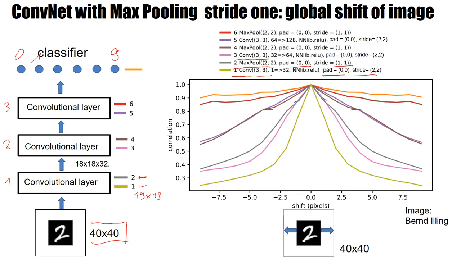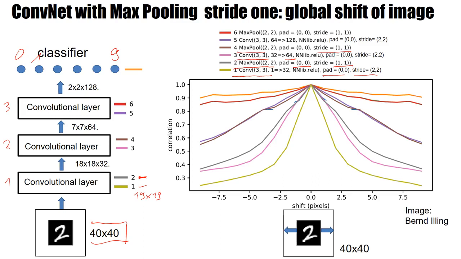We go up at the same time to 64 filters, and then we do MaxPooling 2 by 2 with stride 1, and the result of this is that the output here would be 7 times 7 times 64, and then we continue again in the same spirit, and the output would be 2 times 2 times 128. And then we go for classification.